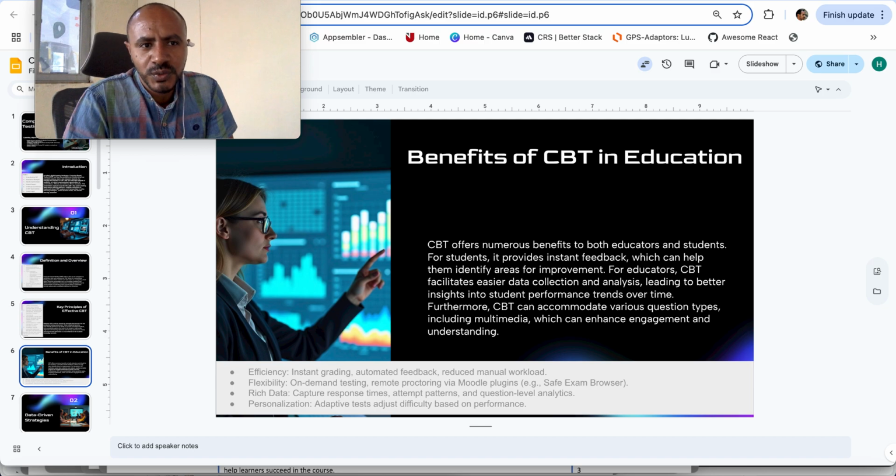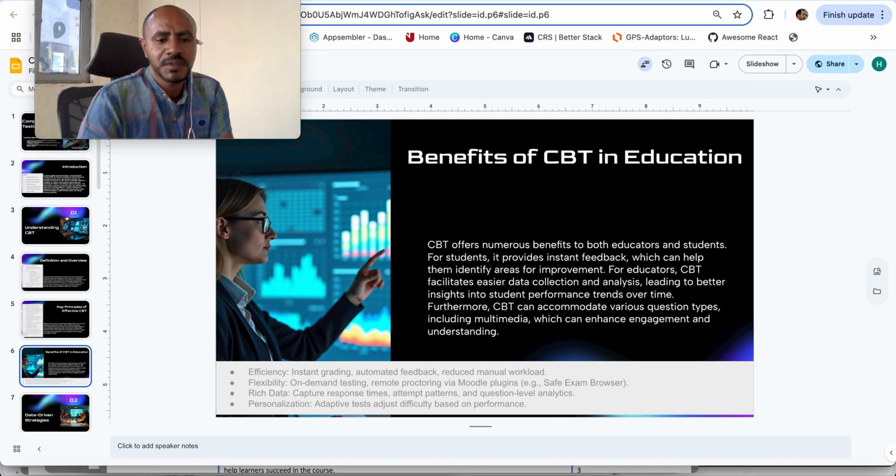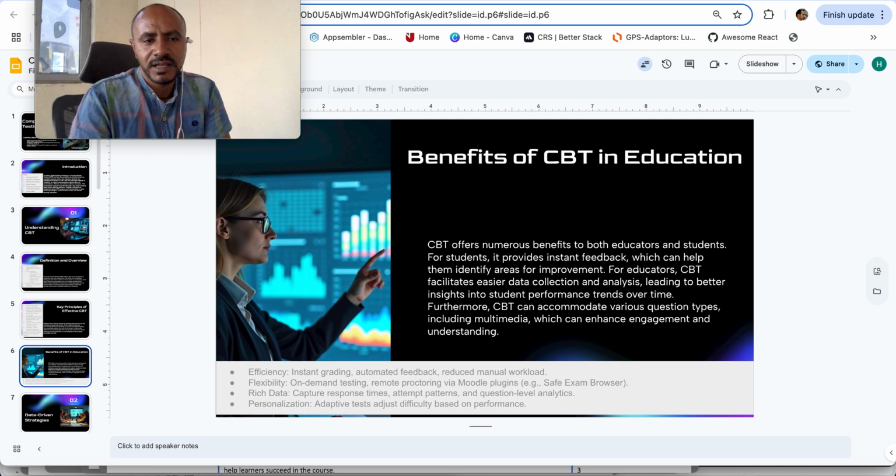Safe Exam Browser would prevent them from opening files on that same computer. But I believe whenever we are talking about CBT in higher academic institutions, we are actually talking about proctored exams. So if these are proctored exams, Safe Exam Browser and others would be an added value to our security measures.